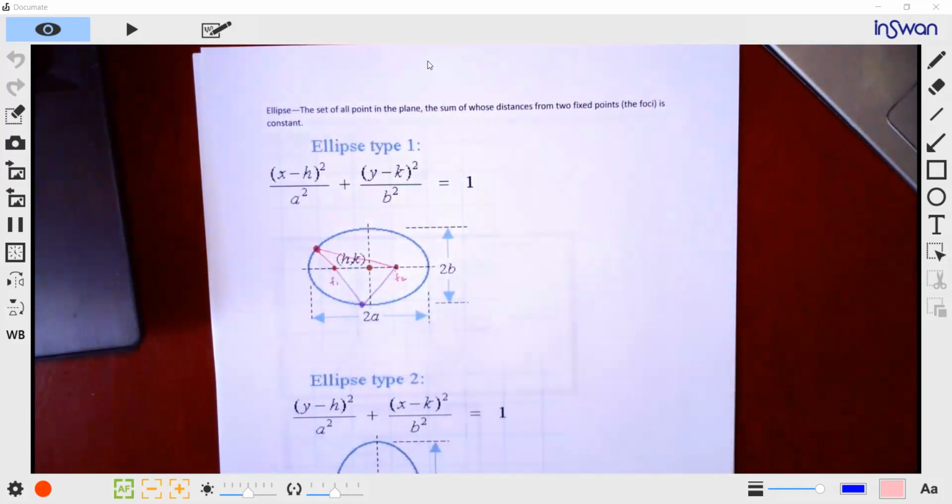The sum of the distances from any point on the ellipse to the foci is going to be fixed, or constant.